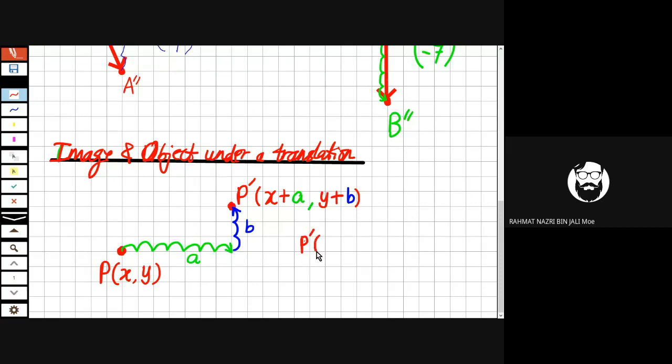Image with the new coordinate x prime, y prime actually come out from this formula. X plus A, y plus B.